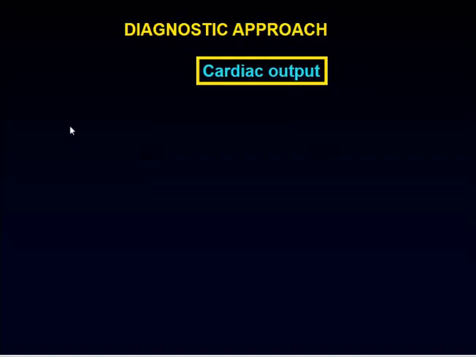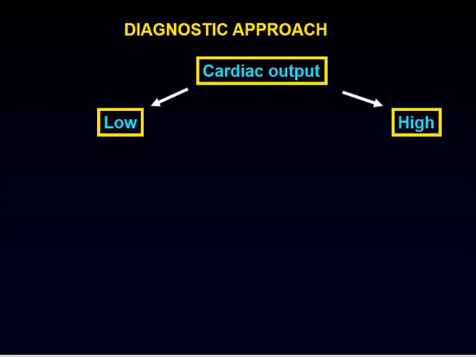And to make the difference for this, we have to integrate several variables, but the first is probably the flow, the cardiac output itself. When it is high, it can only be distributive shock. We do not know exactly the source of the distributive shock. It can be septic shock, anaphylactic shock, or many other types of distributive shock, but it is distributive shock.